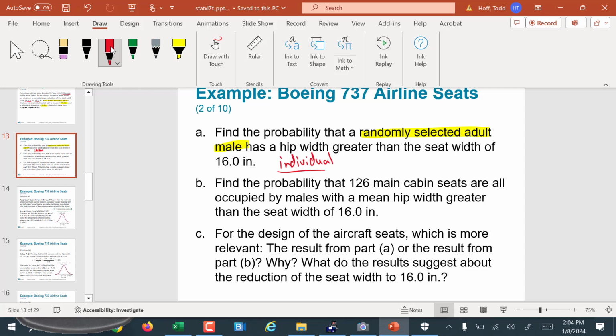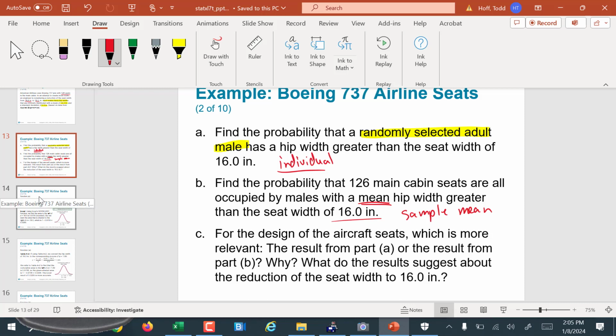The second one: find the probability that 126 main cabin seats are all occupied by males with a mean hip width greater than 16 inches. So this is talking about a sample mean. The 126, even though it's a full cabin, is a sample of all airline passengers. So we are looking at the mean of a sample, or sampling distribution, there.